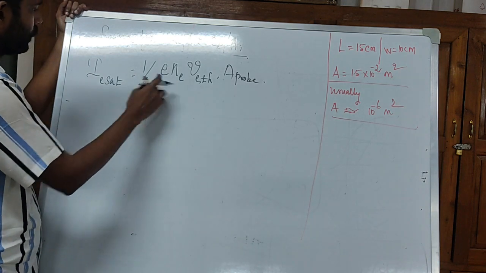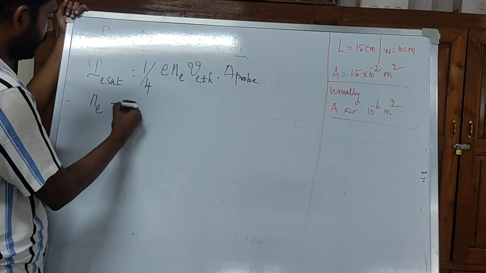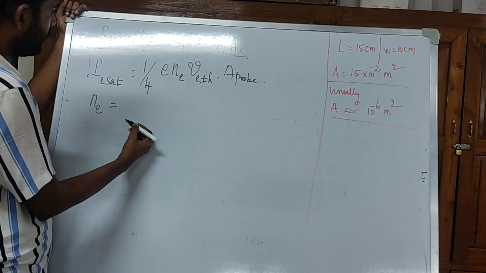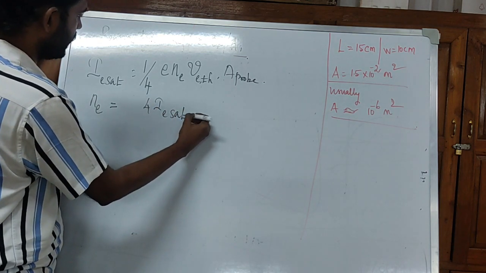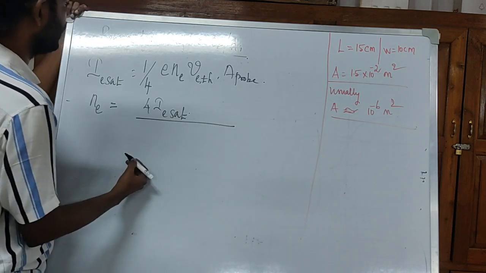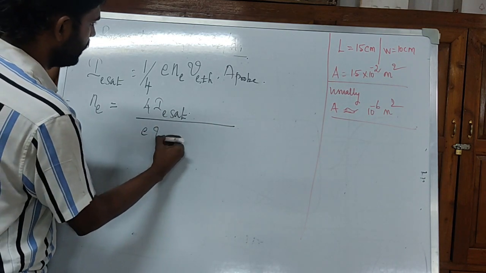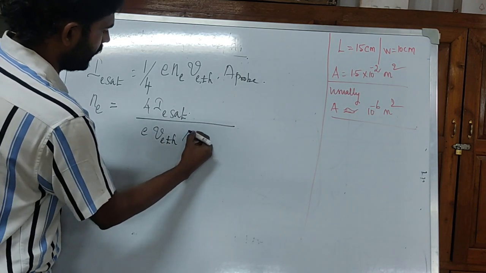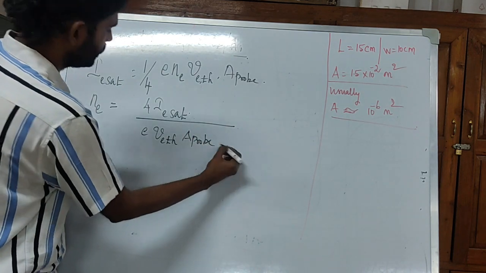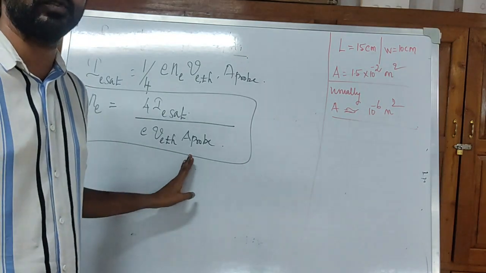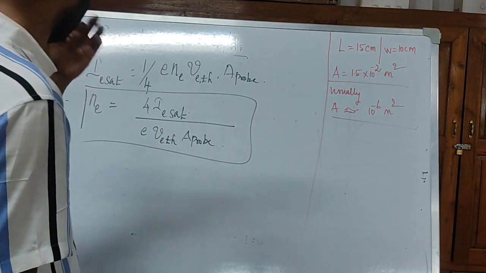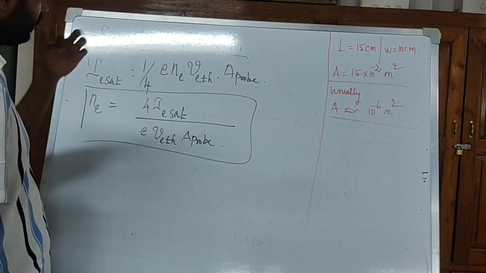If I rewrite this equation, the electron number density is 4 times the saturation current divided by e, v_th, and the area of the probe. This is the expression used to calculate the number density of electrons in plasma.